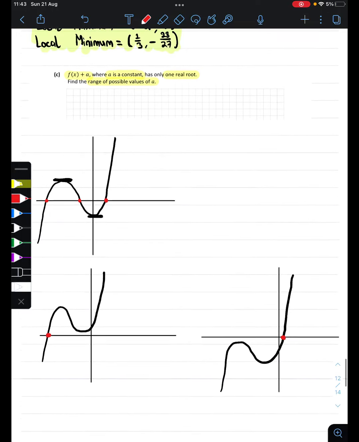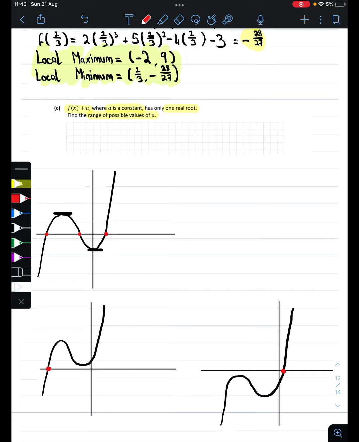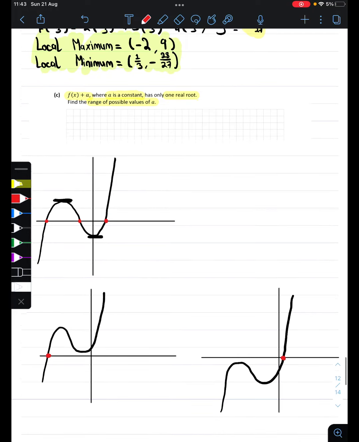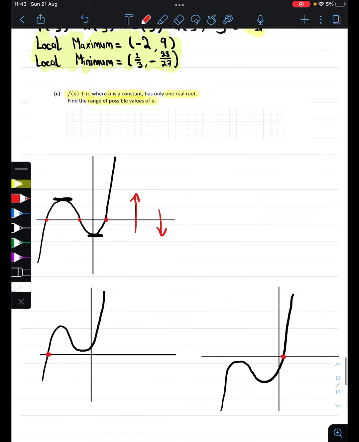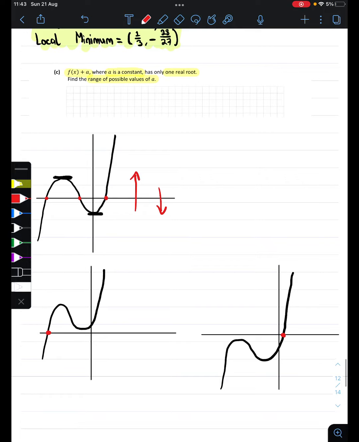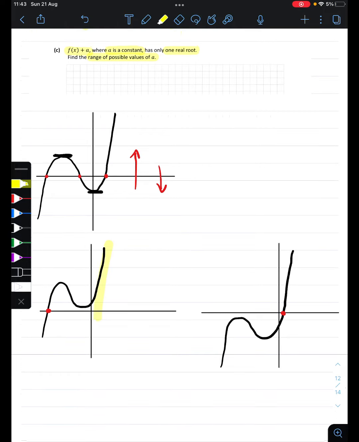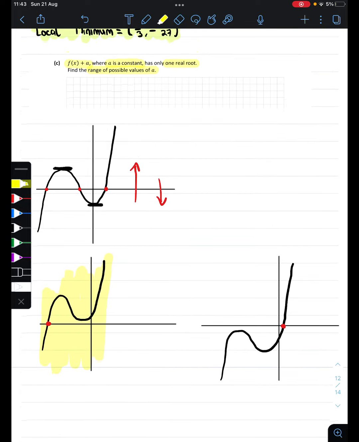Okay, so if we add a constant, which is what we're doing, all that does is shift the entire graph up or down depending on whether the constant is positive or negative. So if we're looking at this type of graph, let's say we want to make it look like this, then we have to shift the graph up so that this stretch is all above the x-axis.